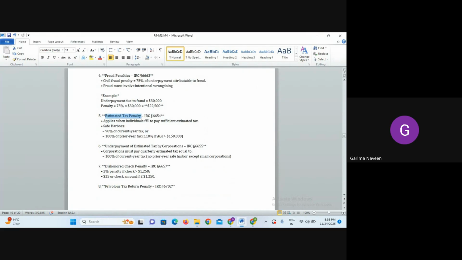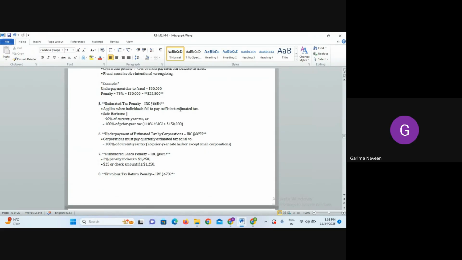Estimated tax penalty is the penalty which applies when you underpay the estimated taxes. As you know, for an individual taxpayer, you have to pay sufficient taxes to the IRS in 4 installments. To avoid this underpayment penalty, your estimated taxes should be 90% of current year tax, or 100% of prior year tax.